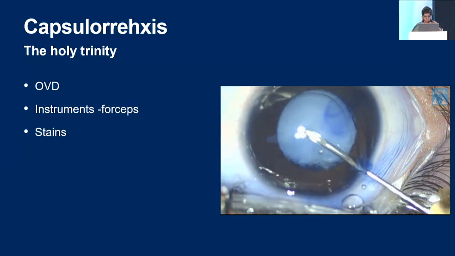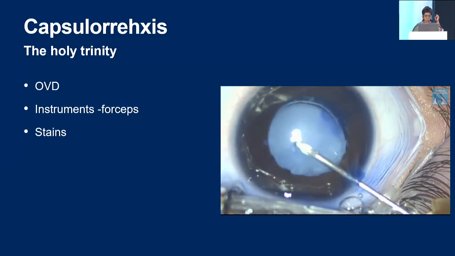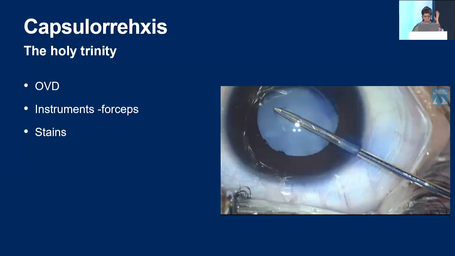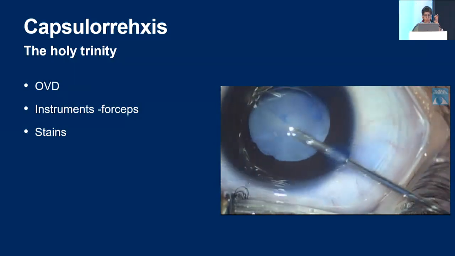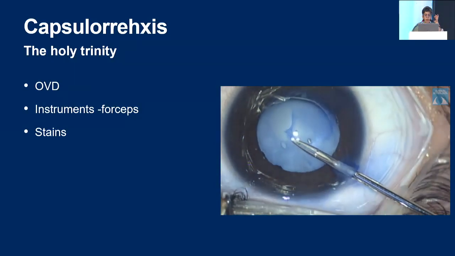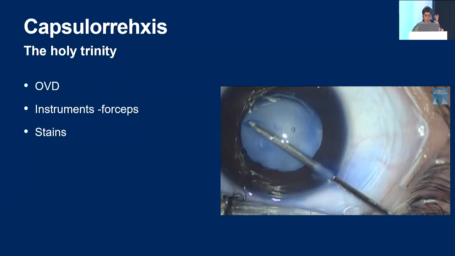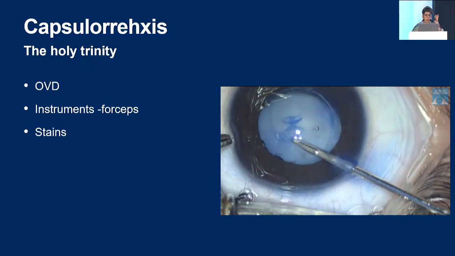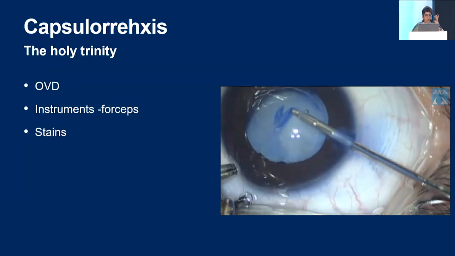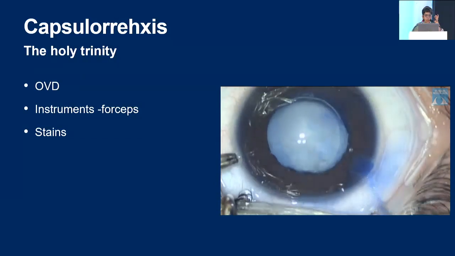So in the capsular rhexis, the holy trinity of a good OVD, instrument like a forceps, and stains are absolutely indispensable. This cataract few years back, when stains were not available when I started my practice, would have been almost impossible. I would have used a light pipe to see using the illumination, and then also there was a good chance that I might have extended it.